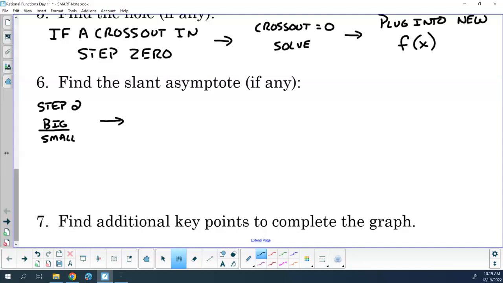How do we find the slant asymptote? Do the division. Hopefully, we'll be able to do the division synthetically.